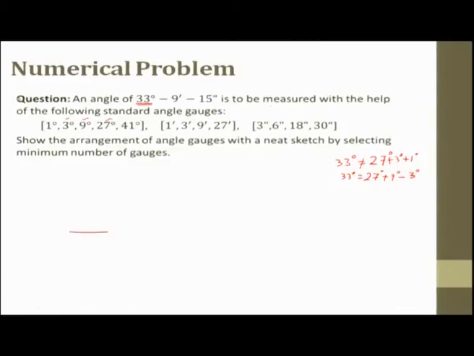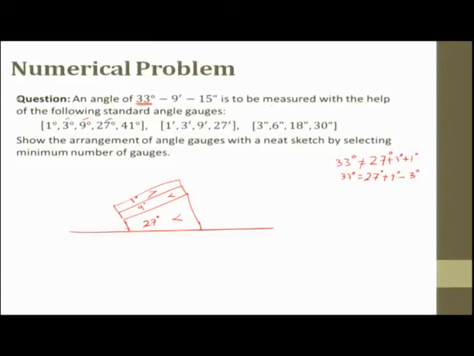What we have done is we take a flat plate. First we try to make 27 degrees. So, this is 27 degrees, and then next is 9, we make 9 again in this direction. Then we said minus 3, so we put 3 here, and this is minus. So, we have got this as 33.